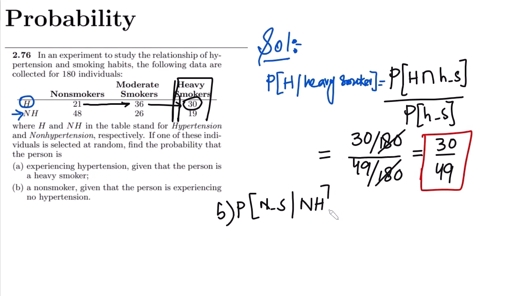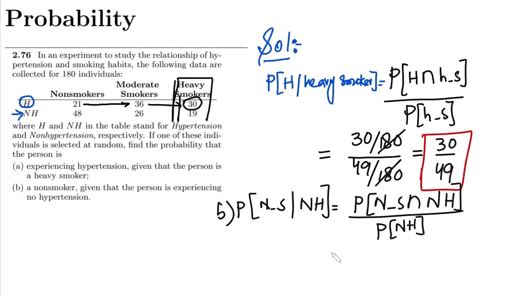So no hypertension, this one, and the person is a non-smoker and doesn't have any hypertension, divided by the probability of no hypertension. Now putting in these values, do we know the value that the person is a non-smoker and doesn't have any hypertension? Yes, this is given, and this is here, 48.